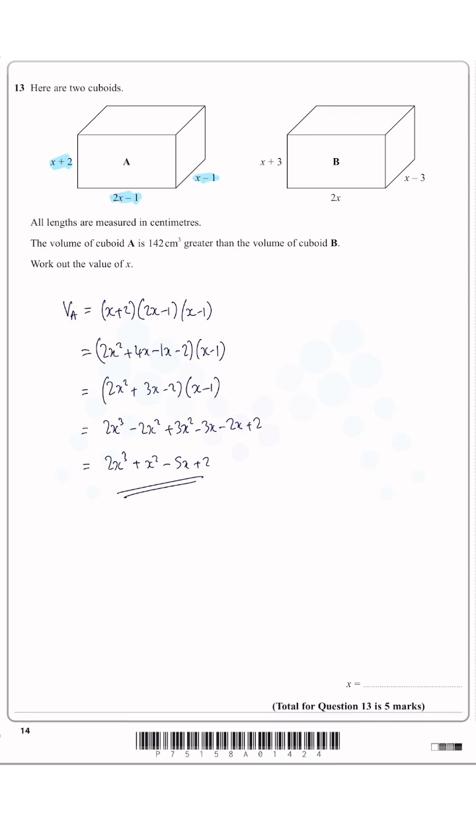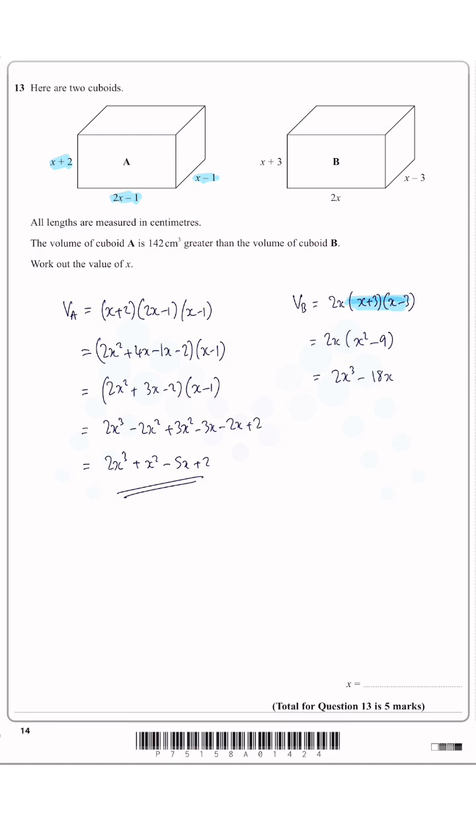Now, if I do the same thing and work out the volume of B, then volume of B is going to be equal to 2x times by x plus 3 times by x minus 3. And these two over here are an example of difference of squares. So it becomes 2x bracket x squared minus 9. Expand the bracket, get 2x cubed minus 18x.